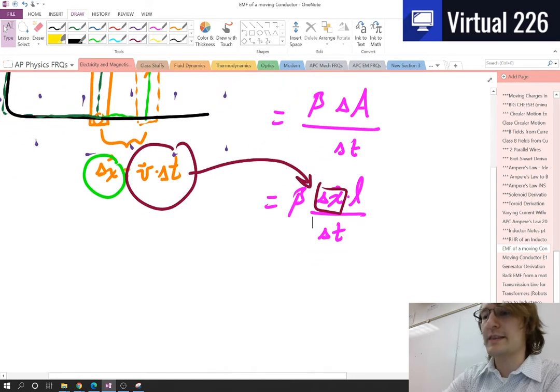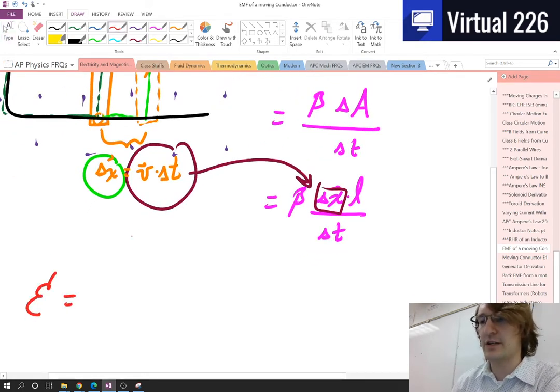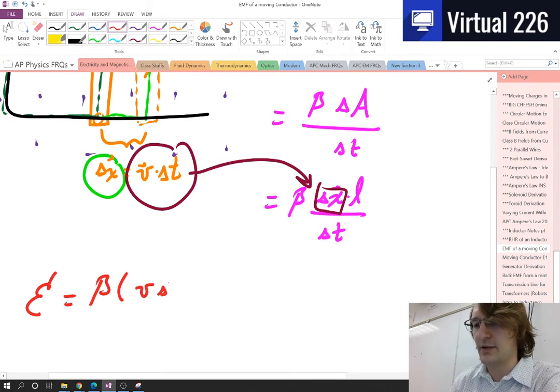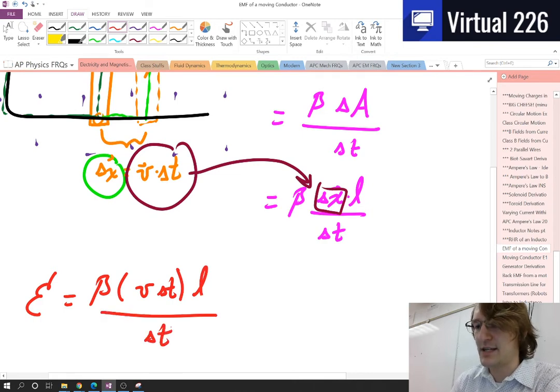So we could write this even further as saying that the EMF we're going to generate in this moving conductor is going to be B times v delta t, that's the delta x, times L divided by delta t. And what we see here is that our delta t, the amount of time it takes, cancels out and goes away. It divides away.